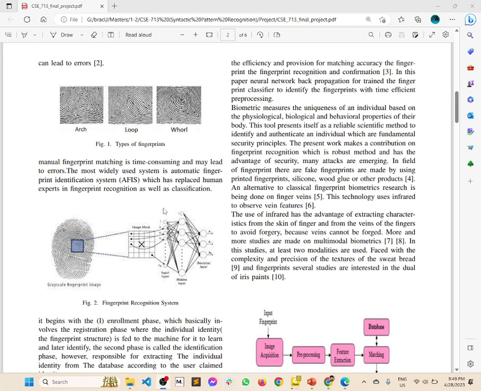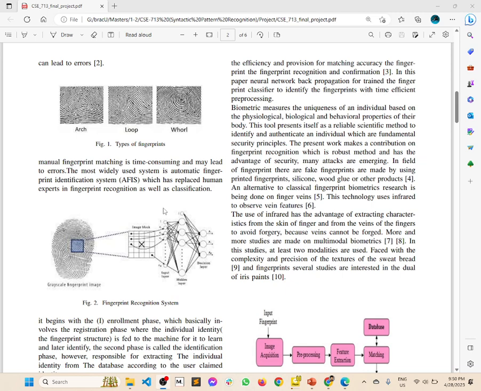Biometrics measures the uniqueness of an individual based on the physiological, biological, and behavioral properties of their body. This tool presents itself as a reliable scientific method to identify and authenticate an individual, which are fundamental security principles.